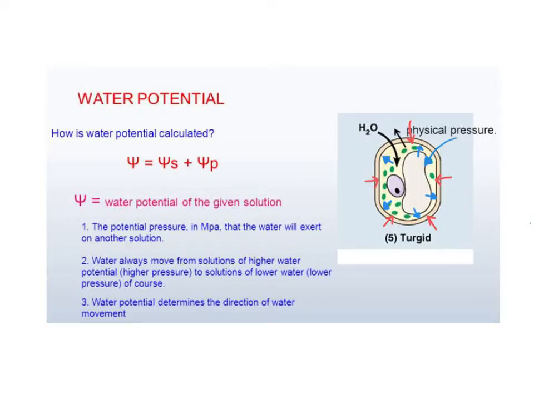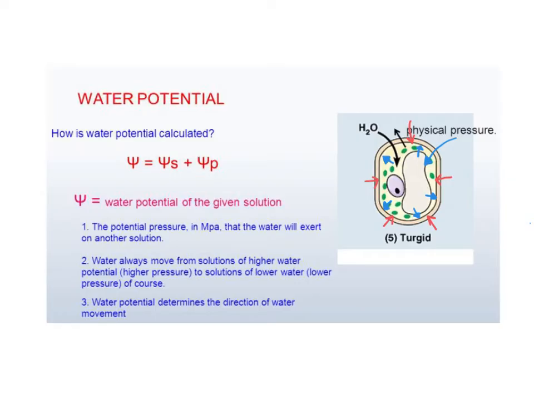Now there is a hack, something that we can do to make this process a lot easier on ourselves. And that is this: when in an open system, such as a cell, when there is no external covering here that is exerting pressure other than the air and the environment that the cell is in, it is considered an open system, and our pressure potential here is equal to 0.